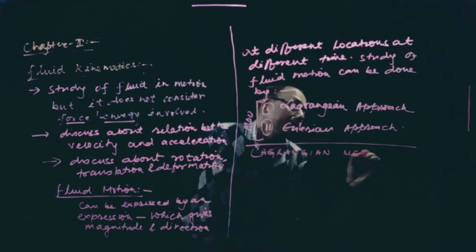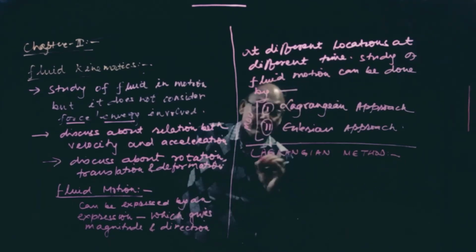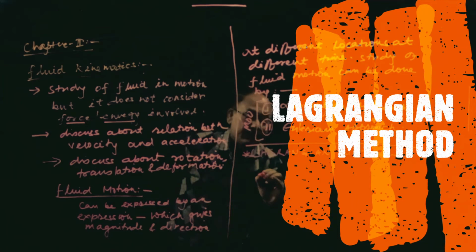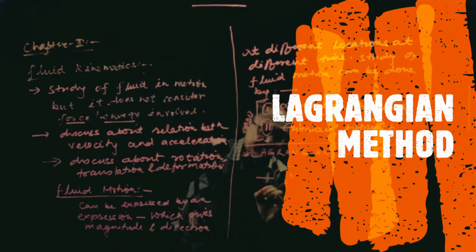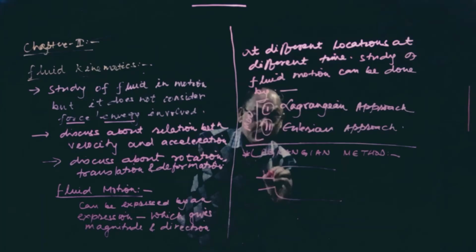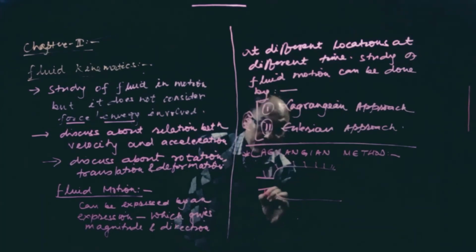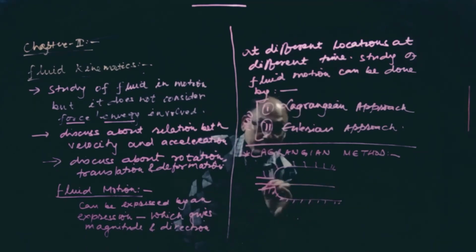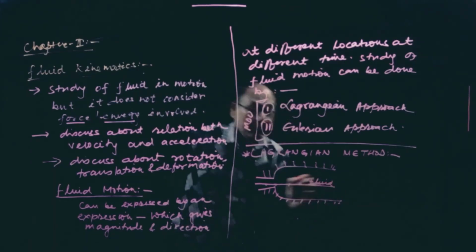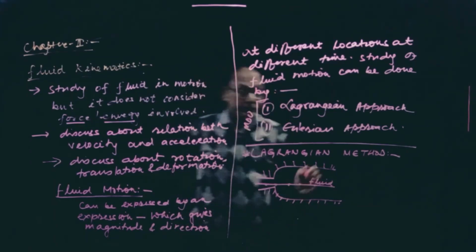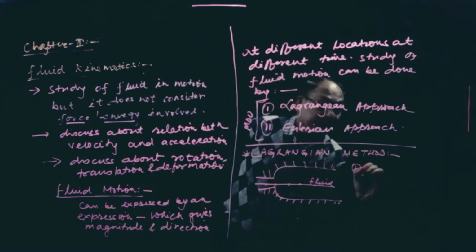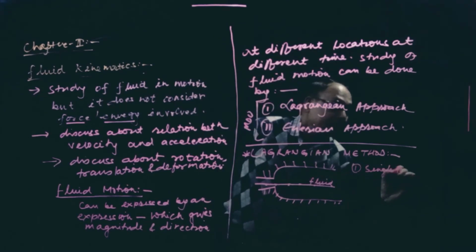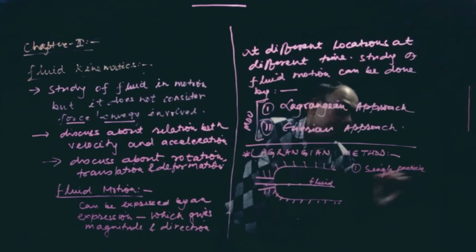So, Lagrangian method. Okay, in this method, one single fluid particle is going to be under observation. This is the fluid. Now in this method, we follow a single particle's movement.